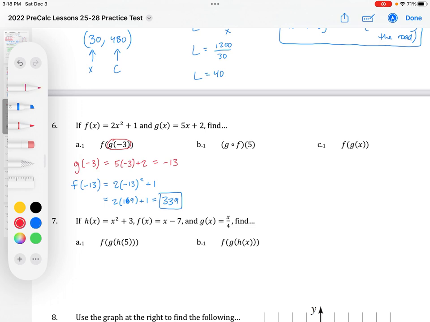All right, this next one is pretty similar. We're going to start by just rewriting this. This is actually g of f of 5. So the first thing we need to do is find f of 5. f of 5 is 2 times 5 squared plus 1. So 5 squared is 25, 2 times 25 would give you 50, so you end up with 51.